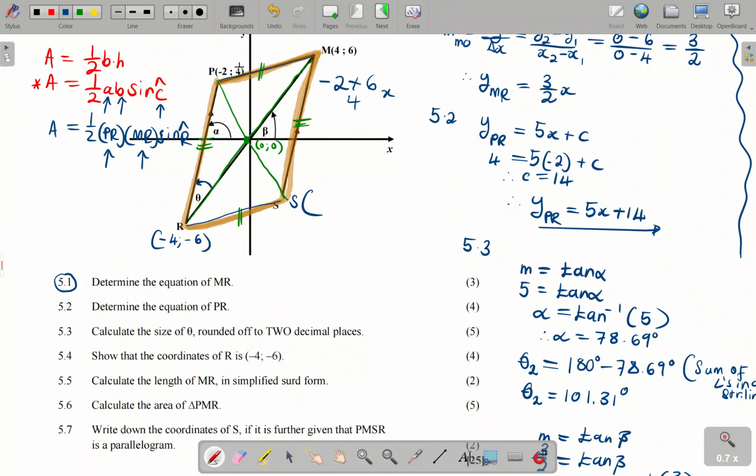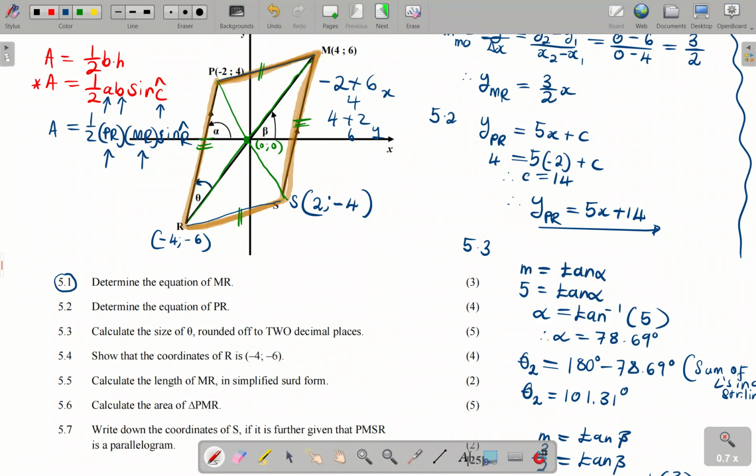For Y, from 4 to 6 is like 4 plus 2, and you'll get 6 for Y. So here we say -4 plus 6, this will give you 2. And for -6, you say -6 plus 2, this will give you -4.